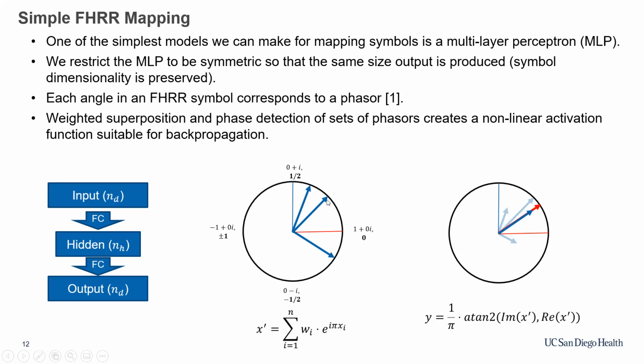So this just scales the arrows up and down, but it's also possible to use complex weights, which can move the values around the circle and shift them. But for now, again, we just use real weights. Once that complex scaling and summing is done, you have a new complex value, and you extend that back out to the unit circle to find its angle, and that's the new value that you compute.